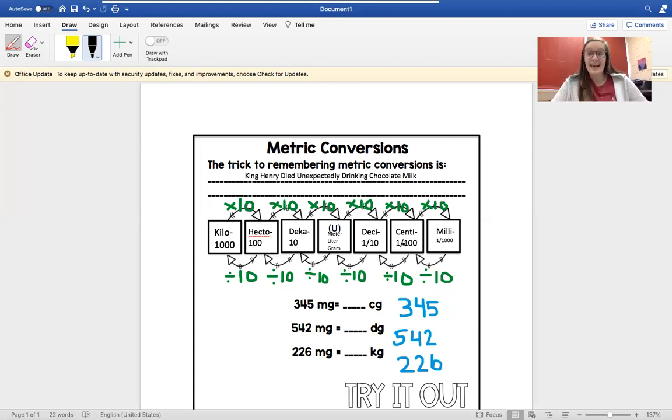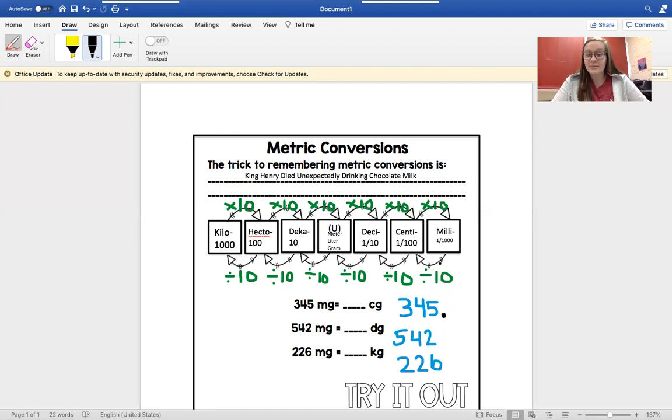The cool thing, and the reason I think this is one of our easiest lessons, is because we have these whole numbers. We know that any whole number, the decimal is always at the end of your number. Guys, when you divide by 10, you move the decimal to the left. And when you multiply by 10, you move the decimal to the right.